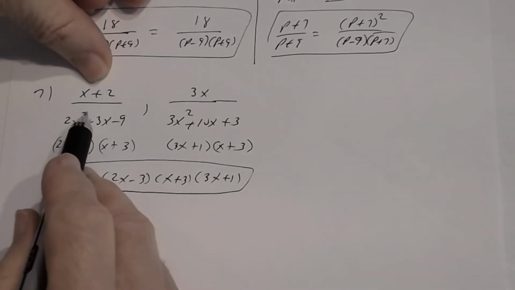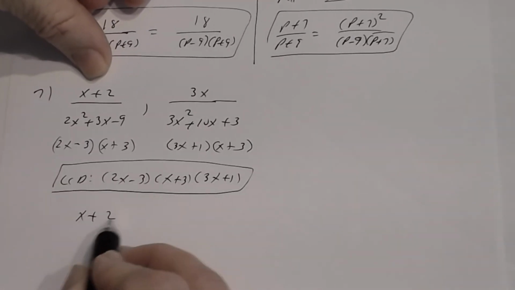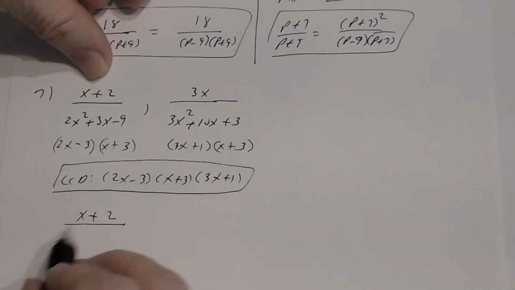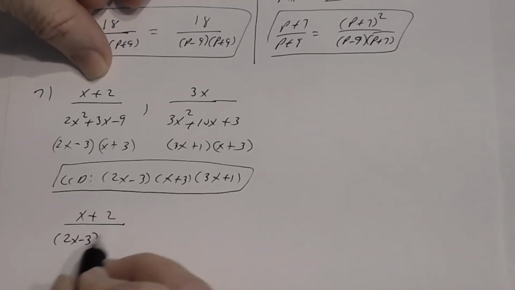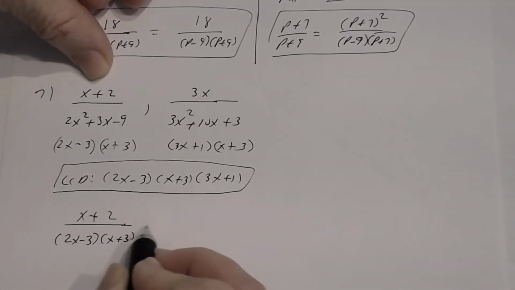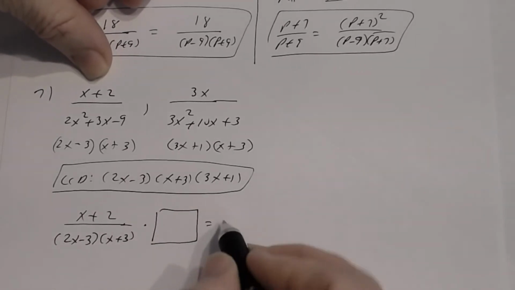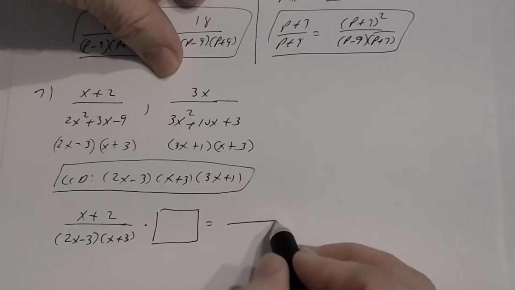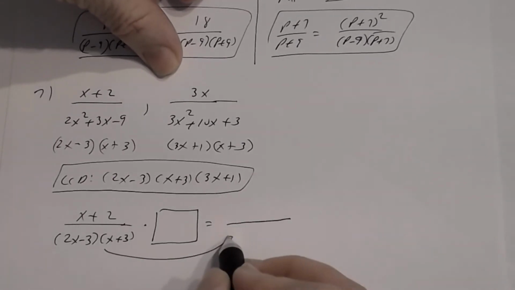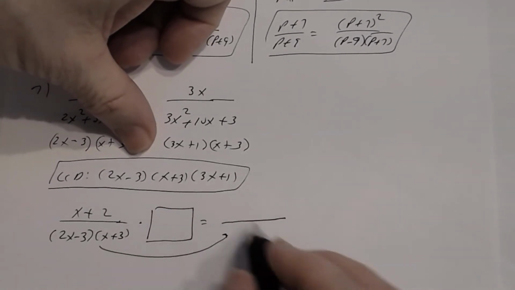So let's do the first one. So x plus 2 divided by, and always use a factored form, 2x minus 3 times x plus 3. I've got to multiply this by some rational expression to get an equivalent rational expression. So I want this to be equivalent with this denominator.